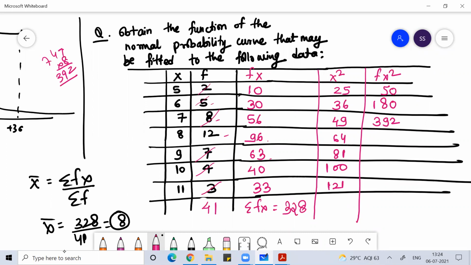Then 64 into 12, that is 768. Then 81 sevens are 567.